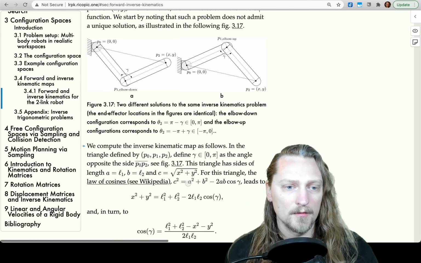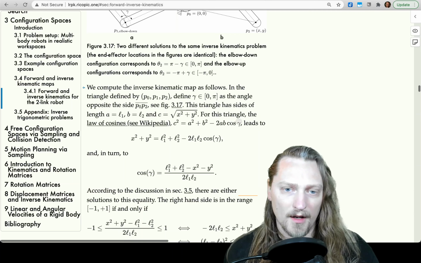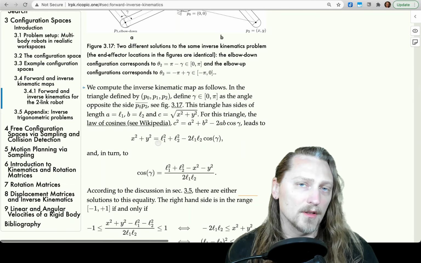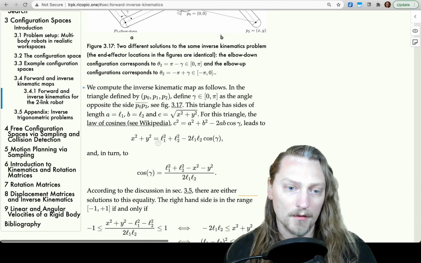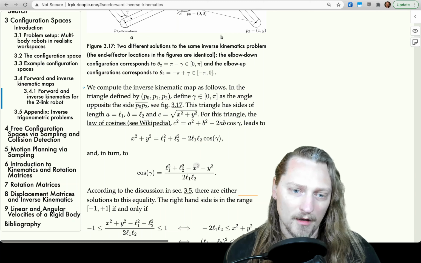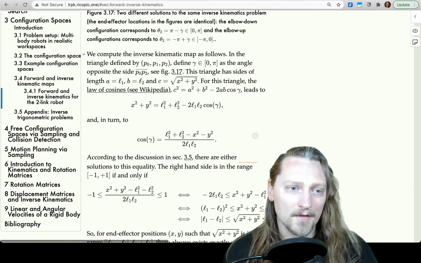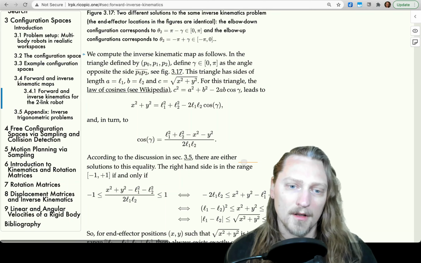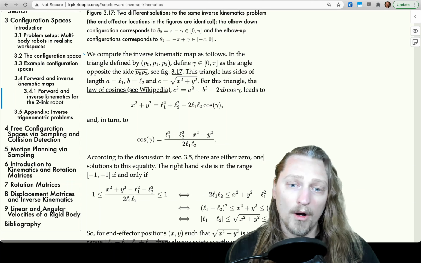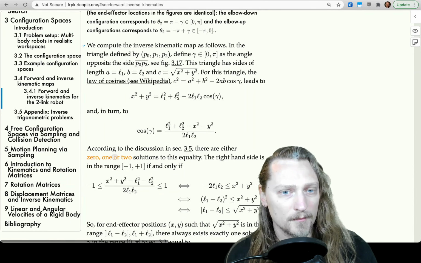For this triangle, the law of cosines, which is stated as this, leads to the following equation. And in turn, we can solve for the cosine of this angle, gamma, which is given here. According to the discussion in section 3.5, the appendix at the end of this chapter, there are either 0, 1, or 2 solutions to this equality.